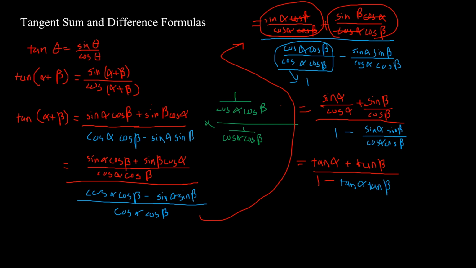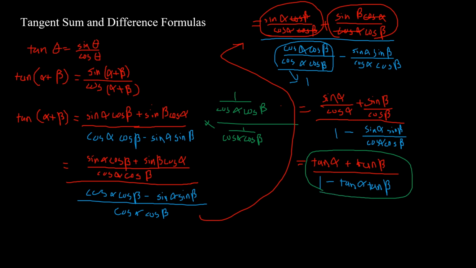Oh, and let me change the color. So the denominator is going to be 1 minus tangent alpha tangent beta. And basically, this is the tangent sum formula.